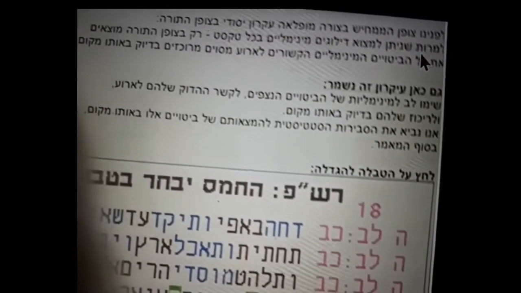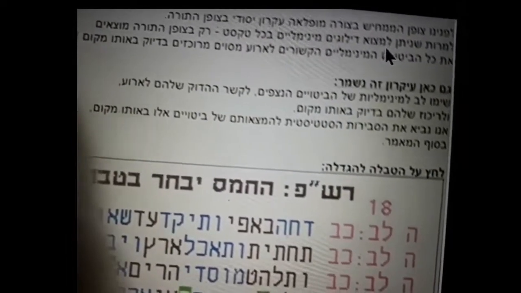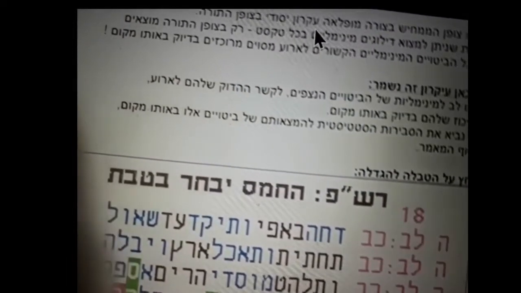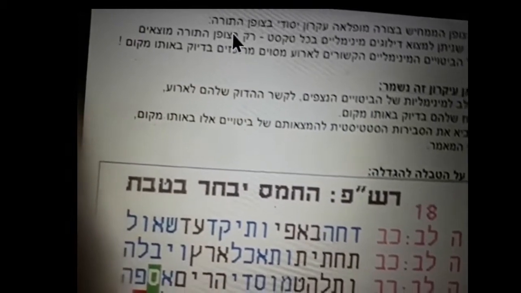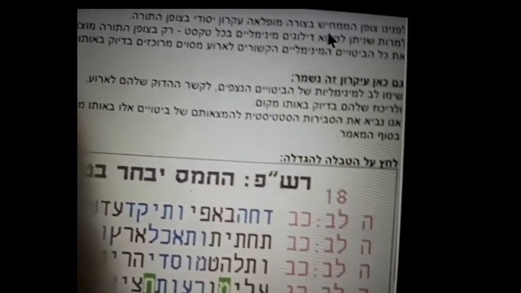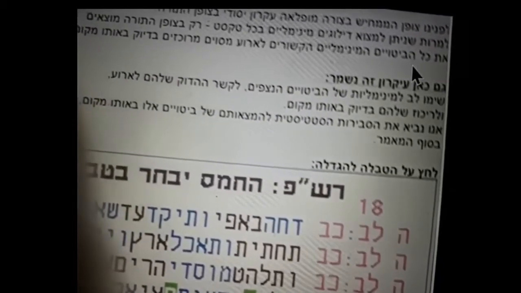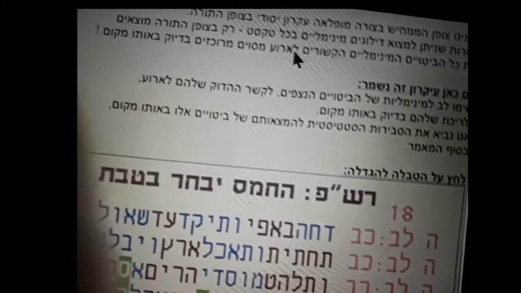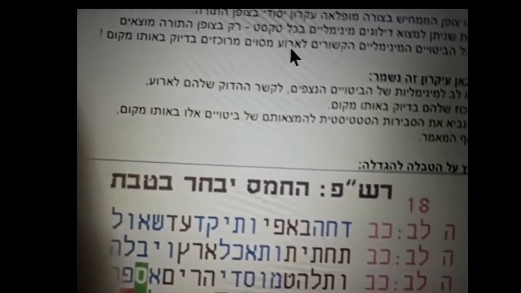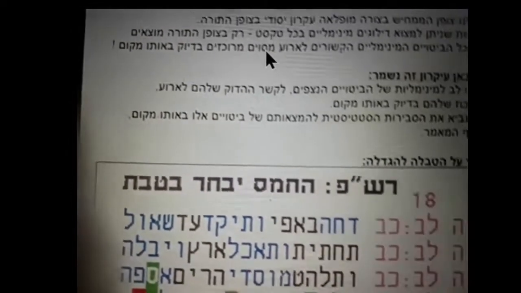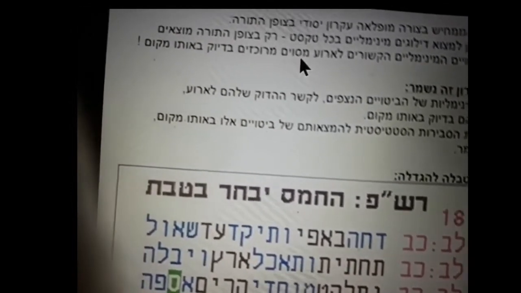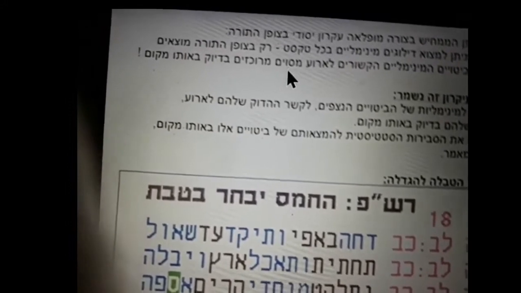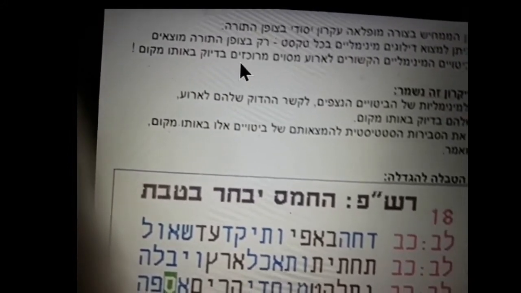Even though you can find codes in other places, only in the Torah code we find all the words and sentences which are connected to a certain place or to a certain happening, and all are concentrated exactly in the same place.